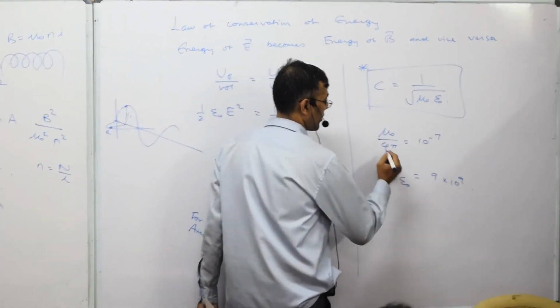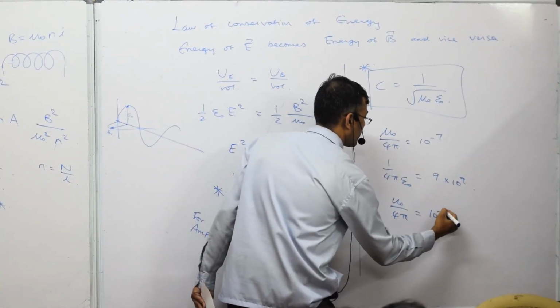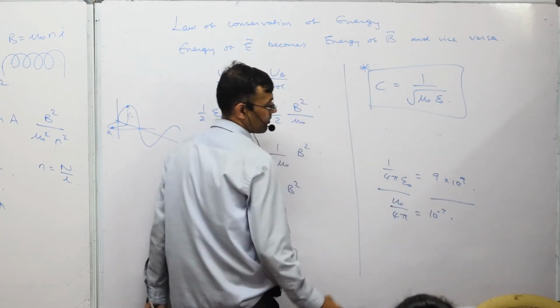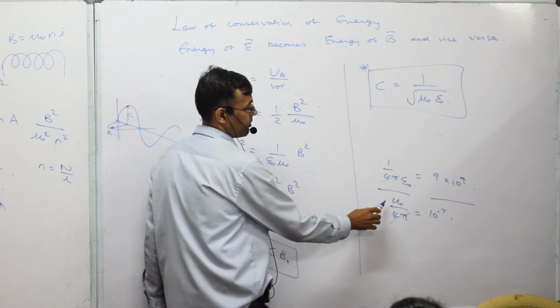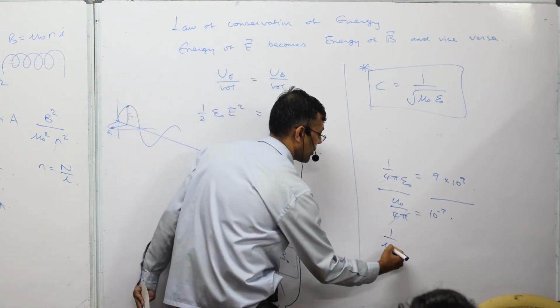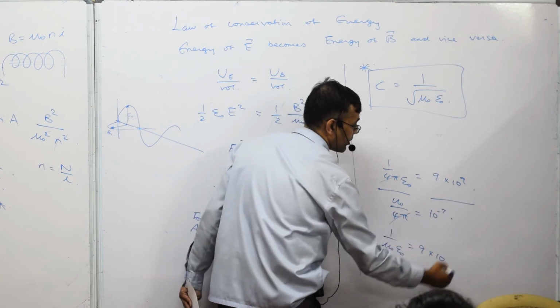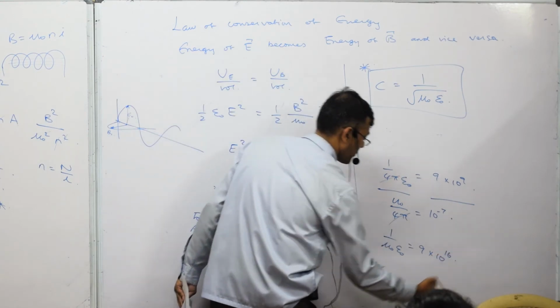If I divide this and this, the 4 pi cancels. So 1 by mu naught epsilon naught is equal to 9 into 10 power 9 plus 7, which is 10 power 16.